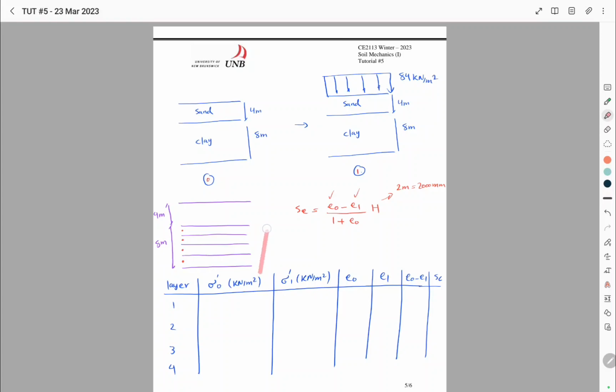So this column is corresponding to this condition, and this column is corresponding to this one, and same as e0 and e1. So e0 is read from the graph based on this value, and e1 is read from the graph based on this value.